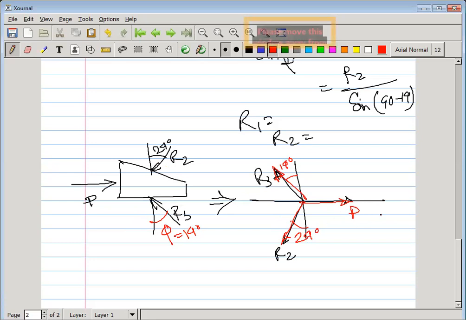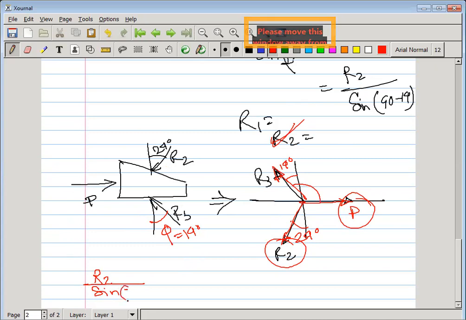And this is P. So P we have to convert it into a value.